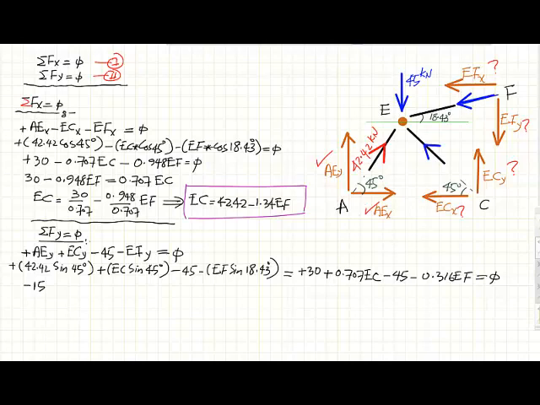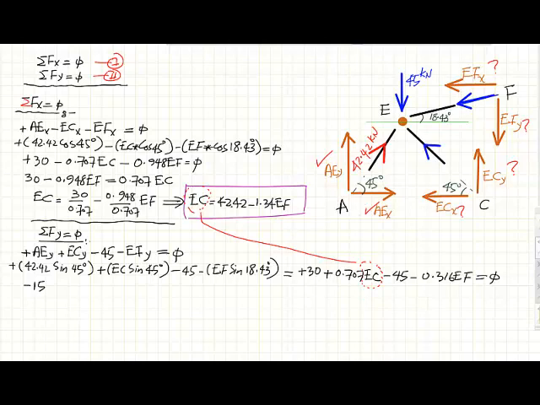And now I'll substitute. What I will do is any value for EC will go for this guy. So make it a bit neater. This will be substituted by this value on this equation.